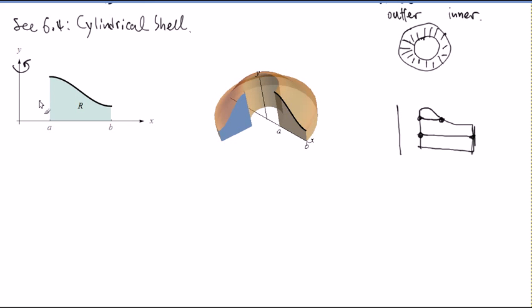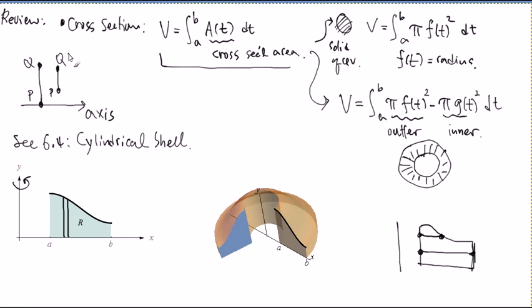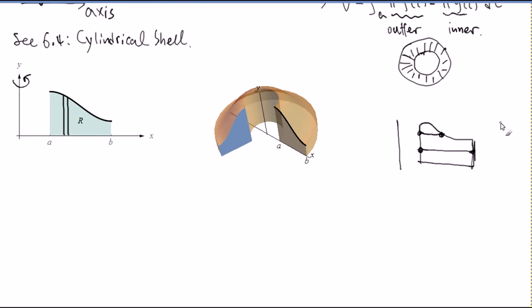That PQ is really representing a radius, right? This time we're going to do it like this, which is parallel. That's the difference. Everything we did before had PQ always perpendicular to the axis of rotation. This time it's parallel to the axis of rotation. So it's a very different method.